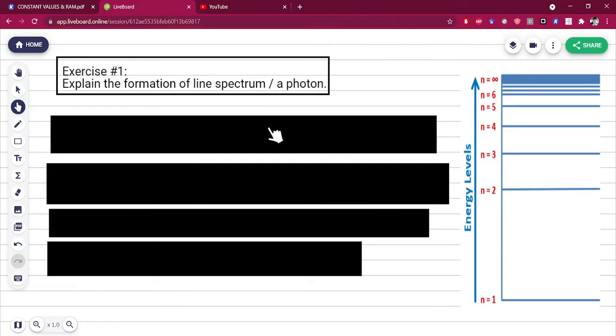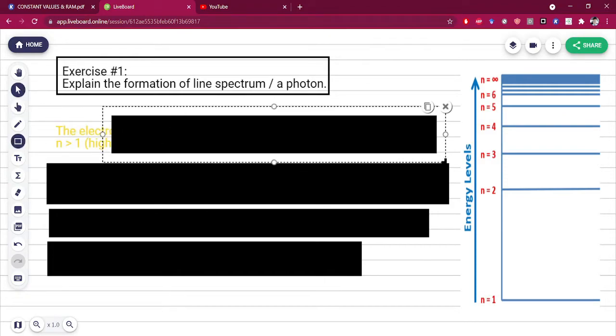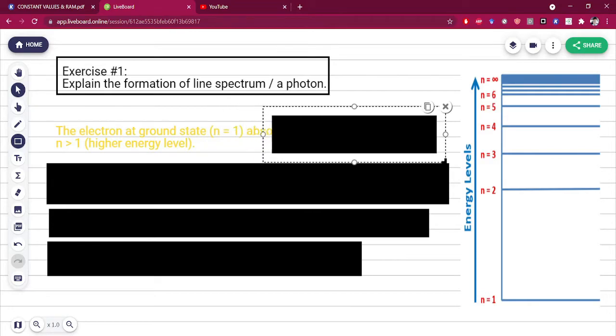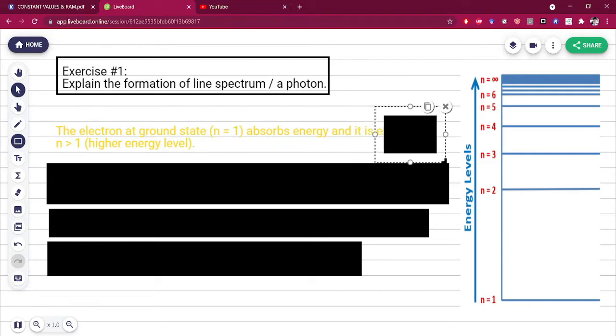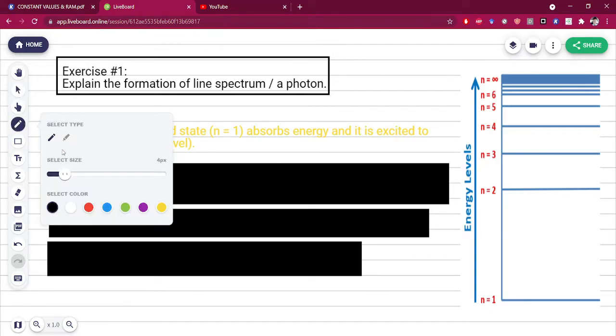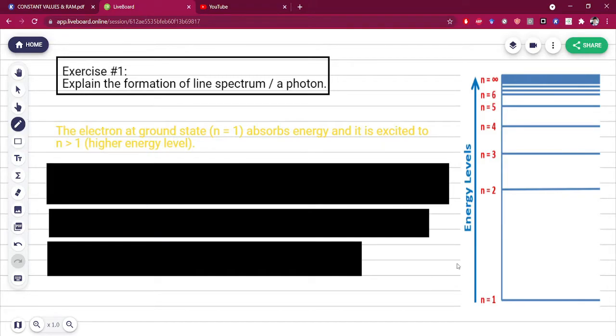So the first thing you're going to be writing over here is about the electron at the ground state, n equals 1, will absorb energy, and it is excited to n bigger than 1, which is a higher energy level. So for the first point, you need to talk about the electron. At this point, it is at the ground state.